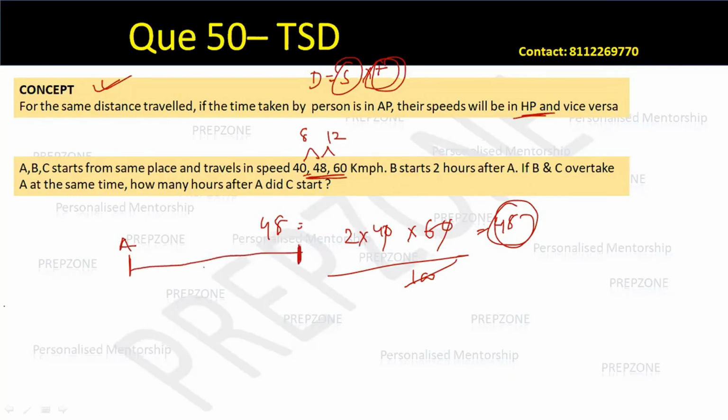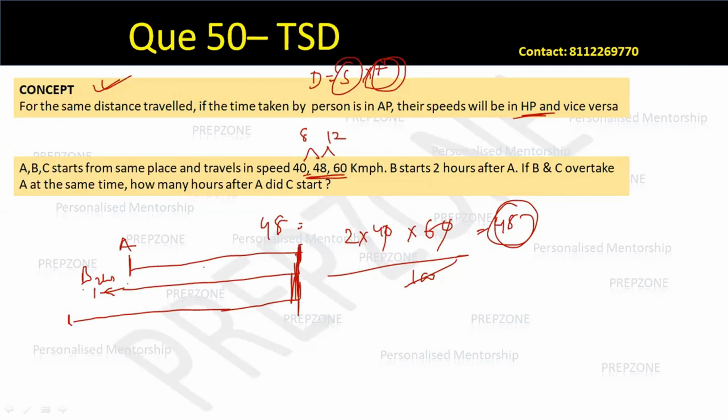And this is where they overtake. This is B, right? So B starts 2 hours after A, okay? If A, B and C overtake A at the same time, then how many hours after A did C start?